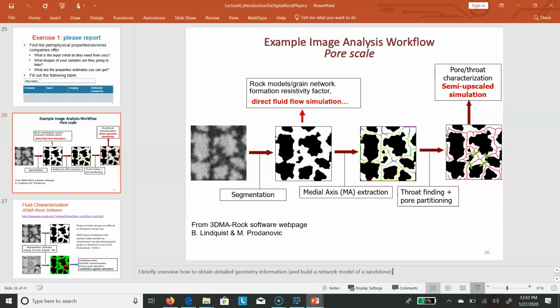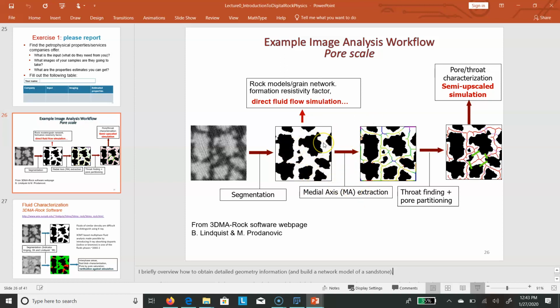So one workflow or research objective, this is from the flow perspective, but really it matters on what it is that you want to model, is to do experiments and image them, and then characterize the core itself and the pore space or solid space that you're interested in. Possibly if you have multiple phases in your image, they could be mineral phases, it could be fluid phases, you characterize them as well.